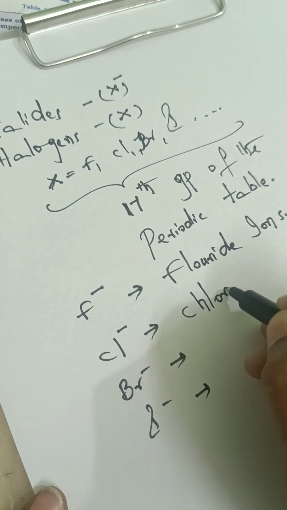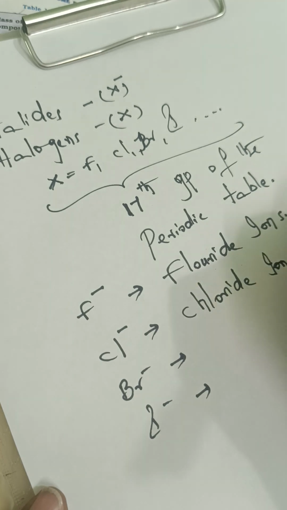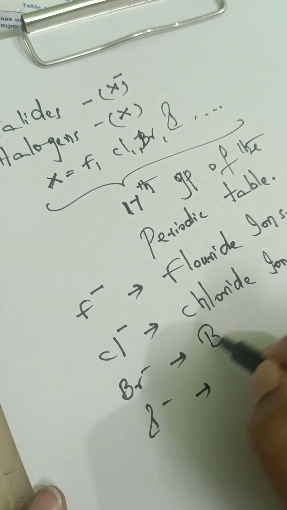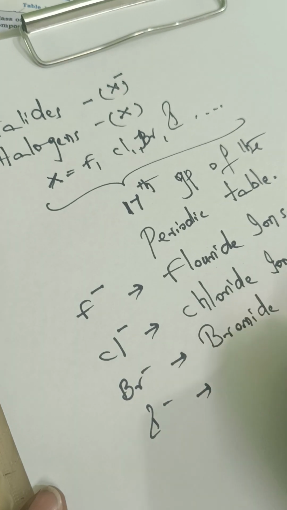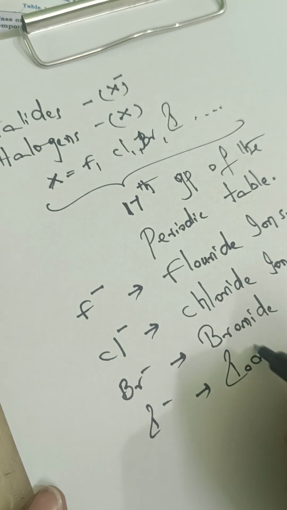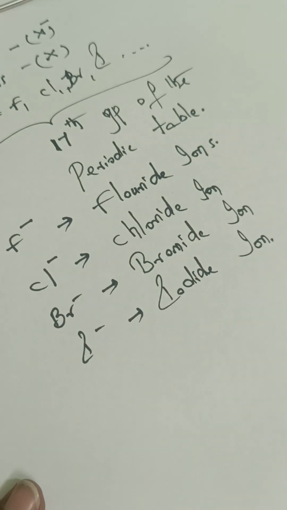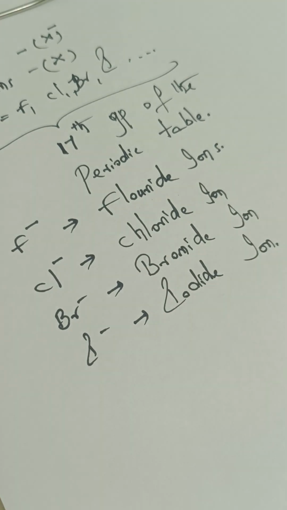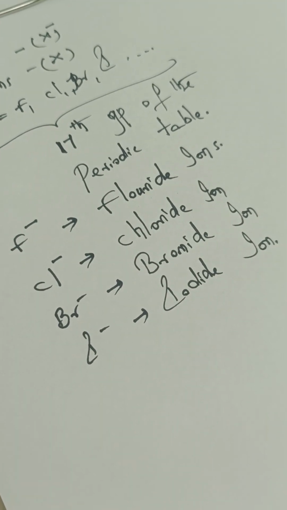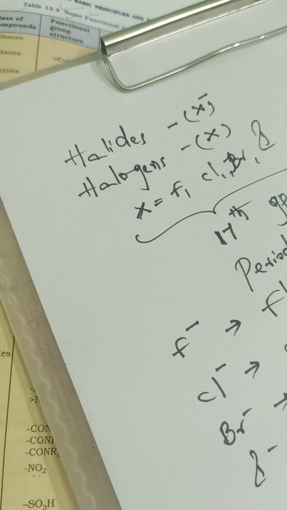Chloride ion. Bromide ion. And the last one is iodide ion. So these are the terms given for halides.